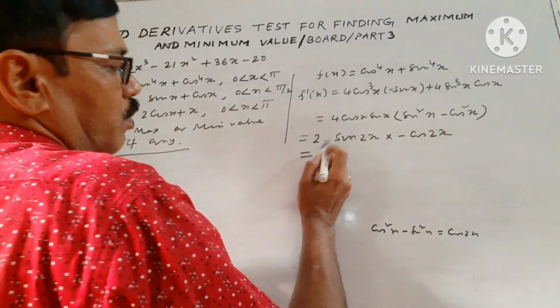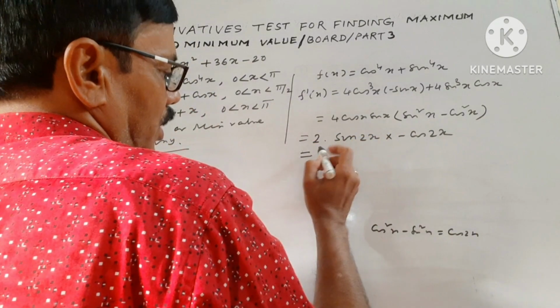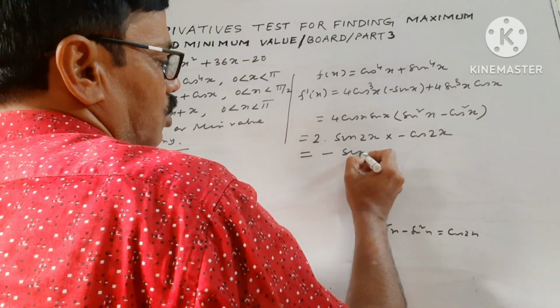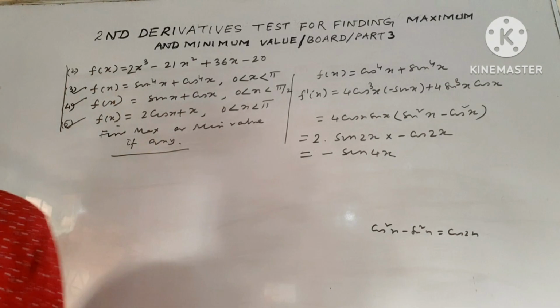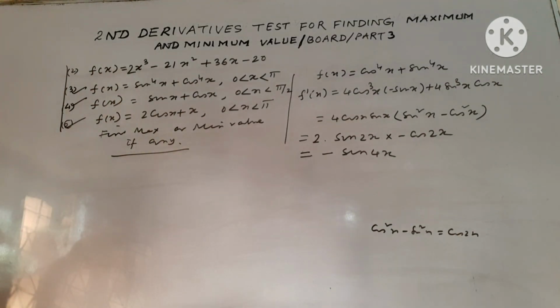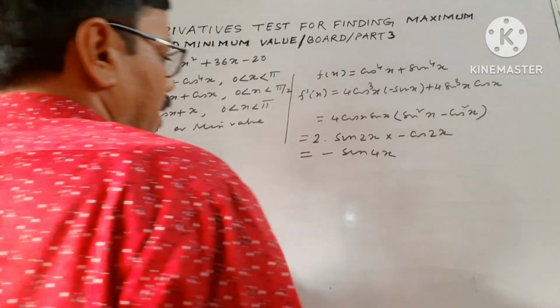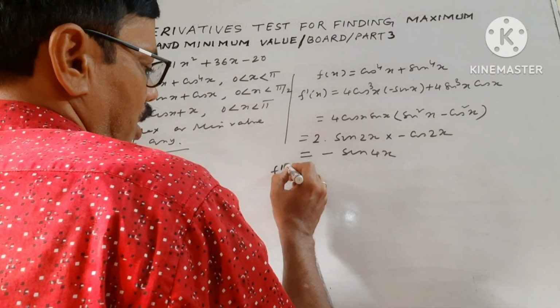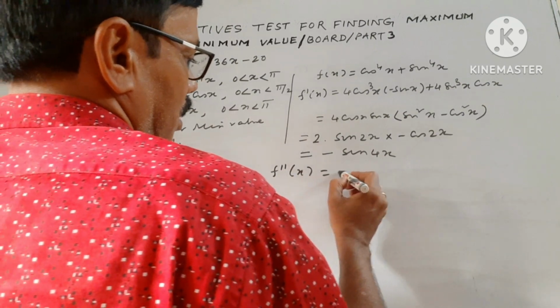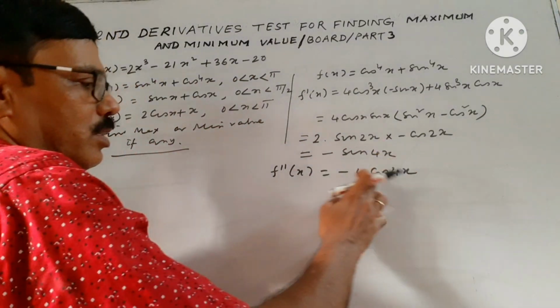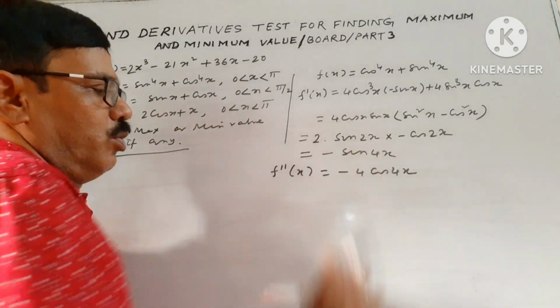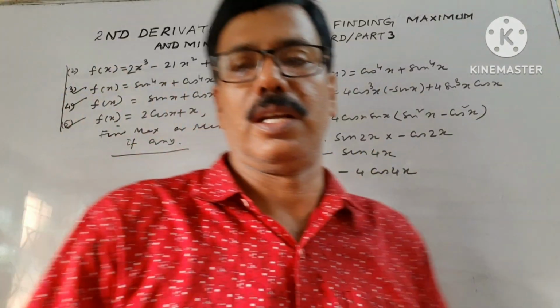Again, using the formula 2 sin a cos b, with minus outside, this is minus sin 4x. Now for the second derivative test, f double dash x is minus 4 cos 4x, so cos 4x into 4, with minus at the beginning.